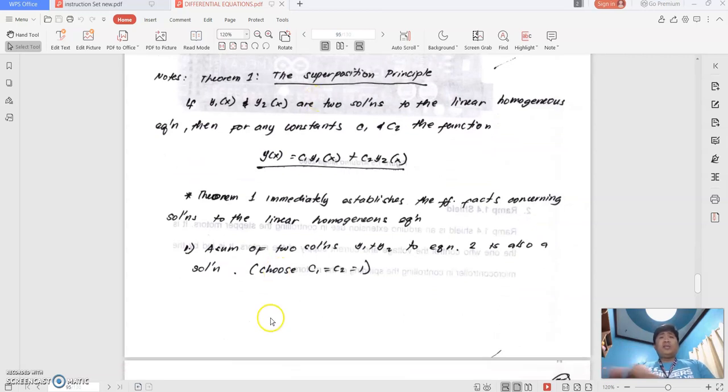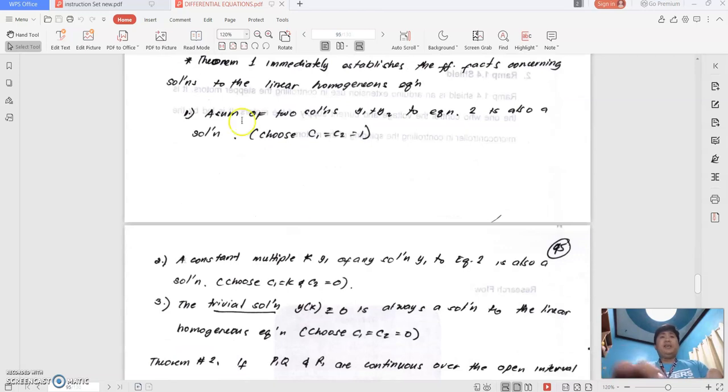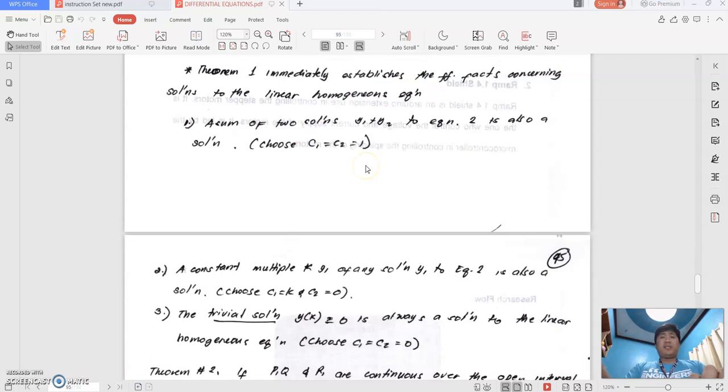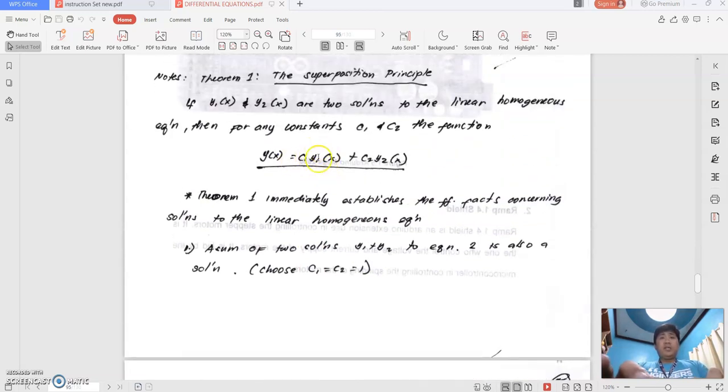In theorem 1, which is the superposition principle, it immediately establishes the following facts concerning the solutions. We have three facts for theorem number 1. The first one: the sum of two solutions, for example y1 plus y2, to equation 2, is also a solution.